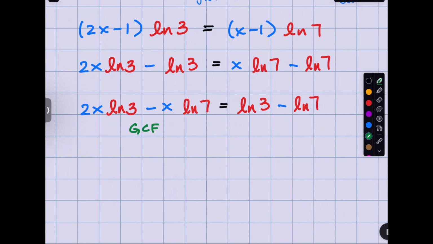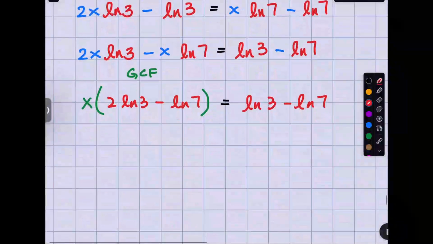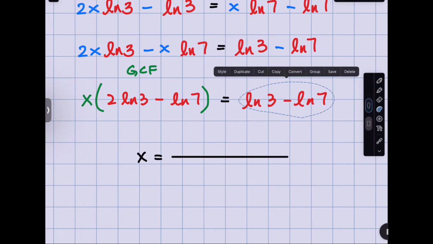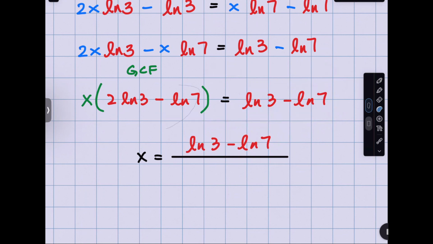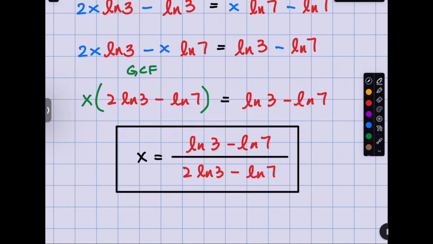So I can take a GCF of x out, leaving me with... boom, shaka laka.